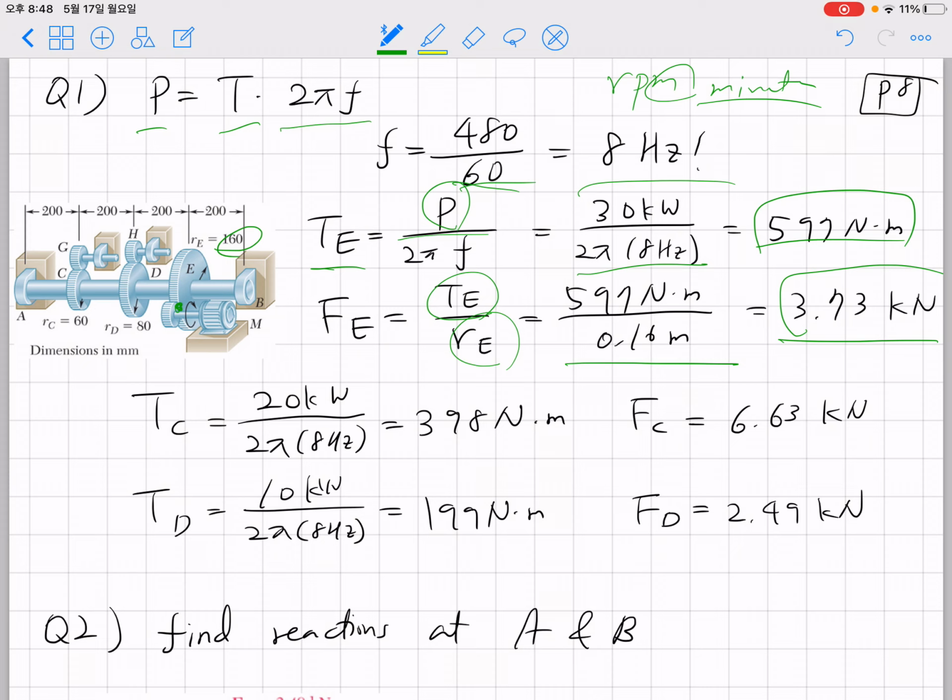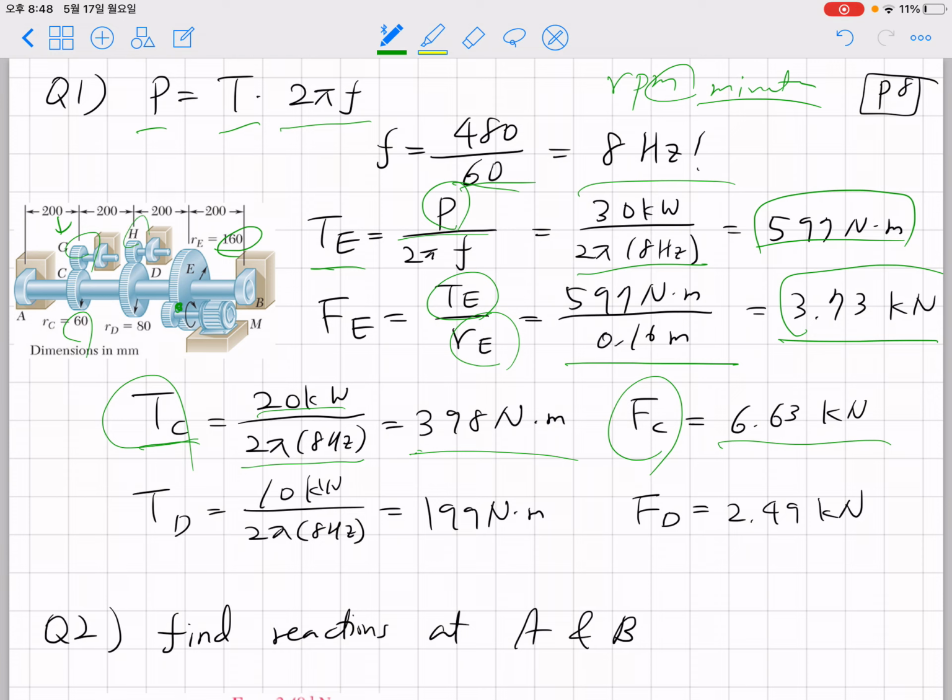Now about the G point and C point, I told you that this is 20 kilowatt energy outlet, so 20 kilowatt divided by 2 pi f becomes 398 newton meter, and for the force you divide this torque by 60 millimeter, and it becomes 6.63 kilonewton.